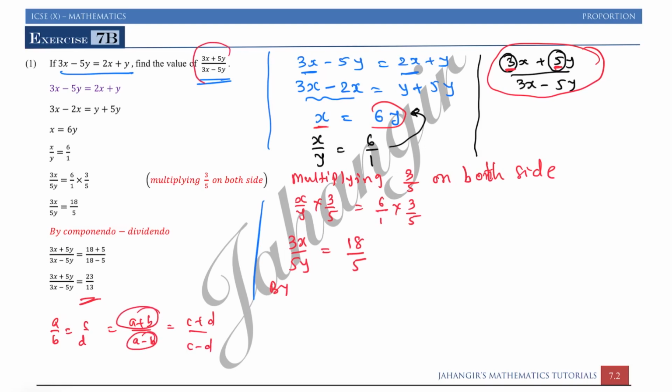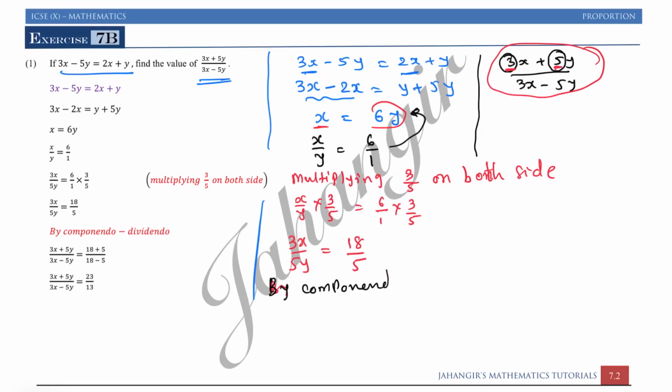Here also we have the same terms but a difference in sign. By componendo dividendo, you have to write the reason. Without the reason you are not going to get marks.